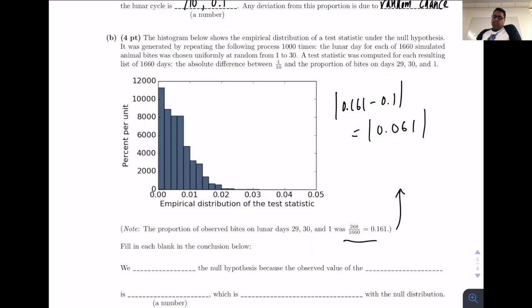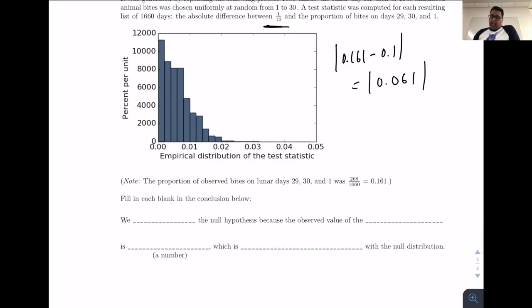We see that the majority of the data is less than 0.02 away from the mean that we just determined, 1/10. But here we have a value that is 0.061 away from it, meaning that our test statistic was so far away from what the null hypothesis predicted that we have to change something about the beliefs we had, because this result makes us look further into our data. So what can we conclude?